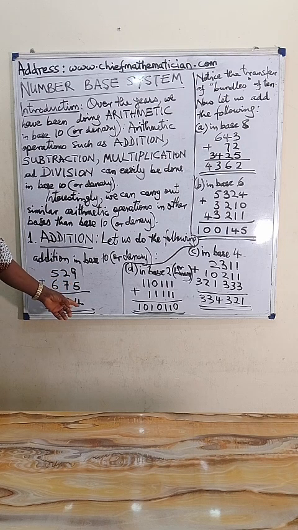You write 4 and carry 1. That 1 is added to 7 to get 8. Added to 2, you get 10. When you get 10, you write 0 and carry 1. That 1 is added to 6 to get 7. Added to 5 to get 12. You write 12. So that the addition gives you 1,204.